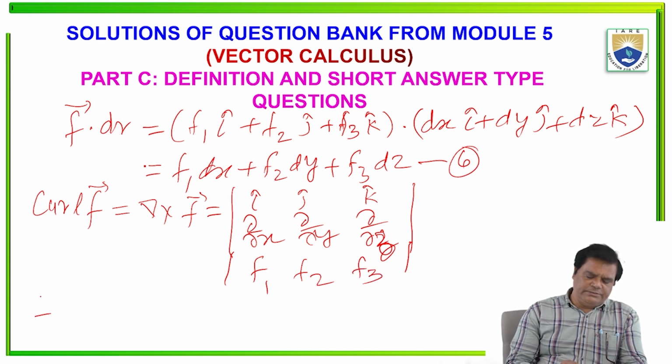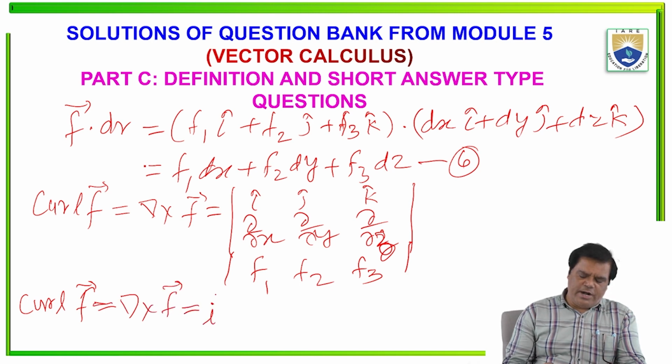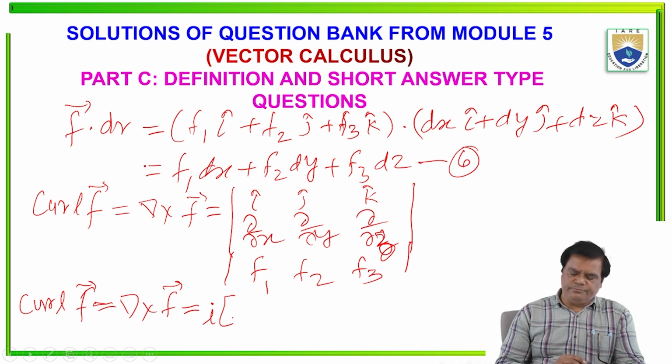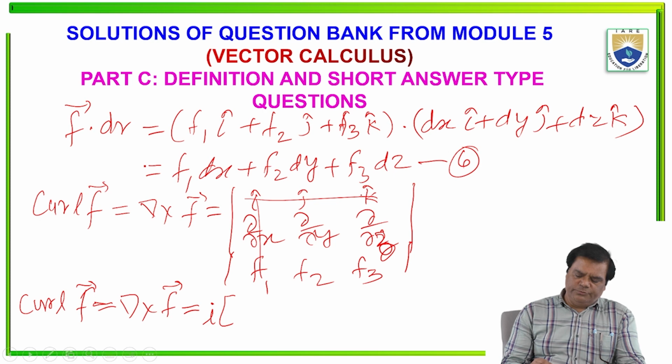After opening this, curl f vector equals del cross vector f. This equals i, cancelling first column and first row: dou f3 over dou y minus dou f2 over dou z.